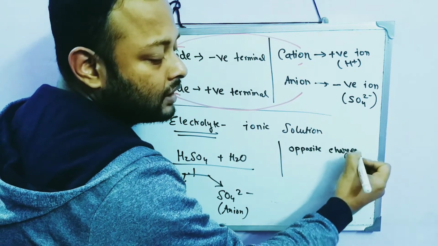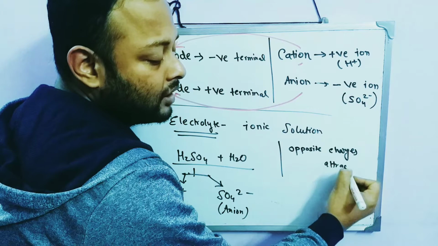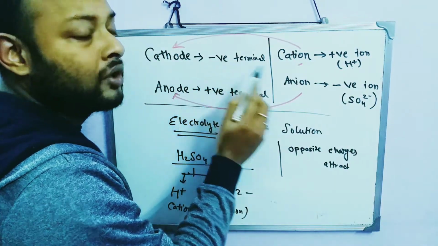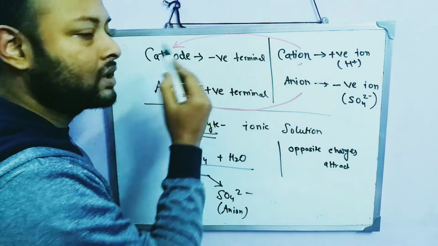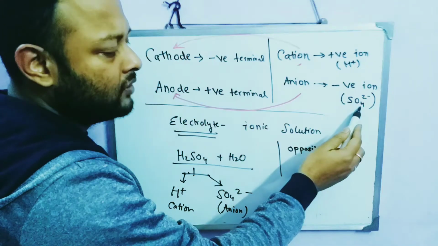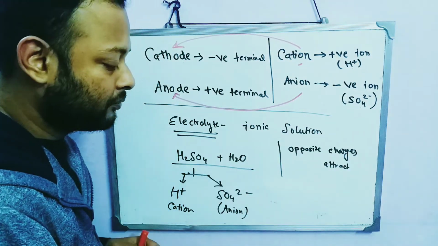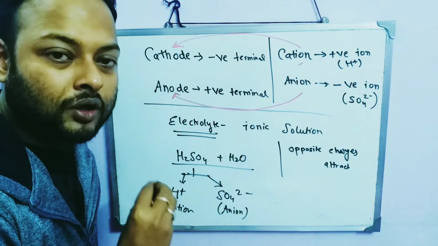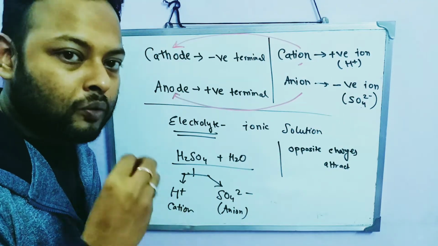Cation is positive and cathode is negative, so cation will go towards the cathode and anion will go towards the anode. I hope you understood this basic knowledge, because it is important to understand what is EMF.